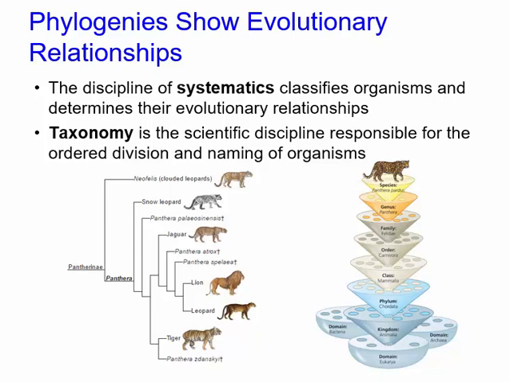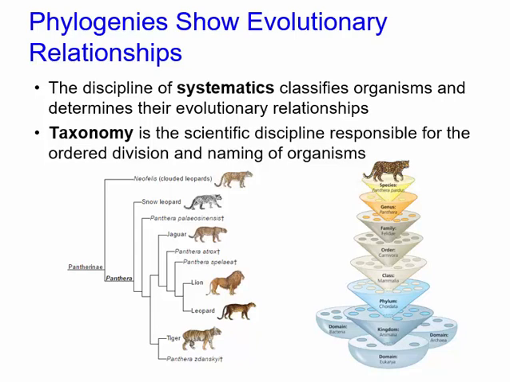The discipline of systematics is an important one that relates to phylogeny. This is all about classifying organisms to understand these evolutionary relationships. So in systematics, we're trying to put those puzzle pieces together in the right way to understand how phylogeny happened.